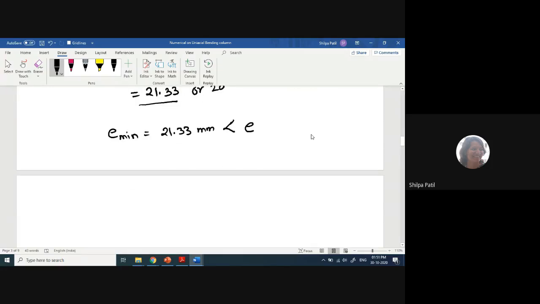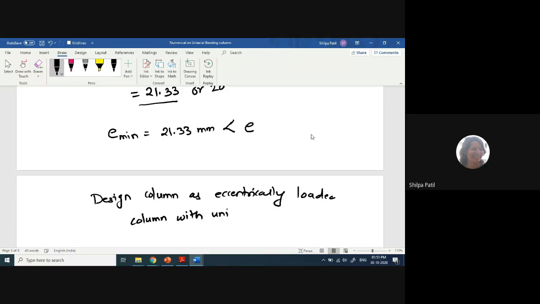So just write down one statement: design the column as eccentrically loaded column with uniaxial bending.